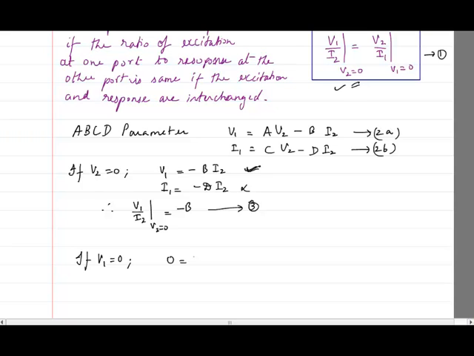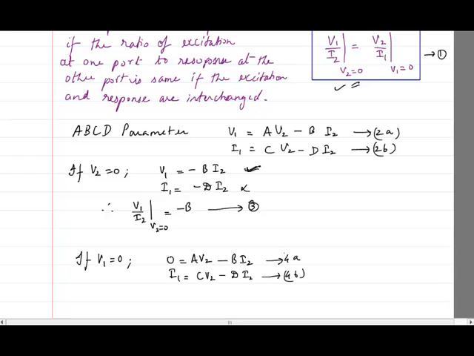It is 0 is equal to AV2 minus BI2, and I1 is equal to CV2 minus DI2. Let me name these 4A and 4B.